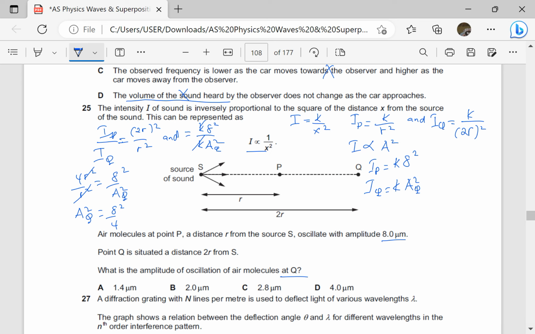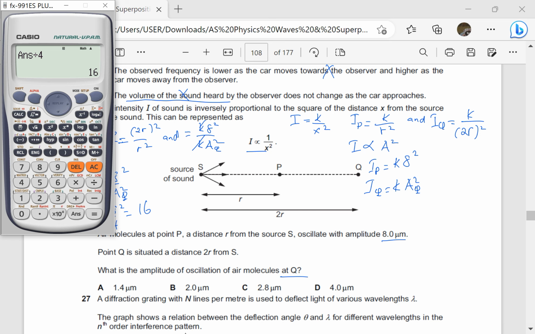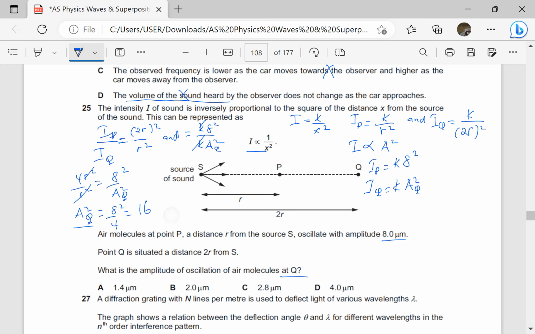No, this is squared. So this is 16, but this is squared. Then I find the square root. So AQ squared is 16. Then I find the square root, so AQ is equal to the root of 16, which is going to be 4. So our answer is going to be D.